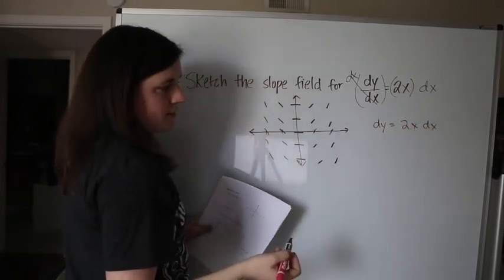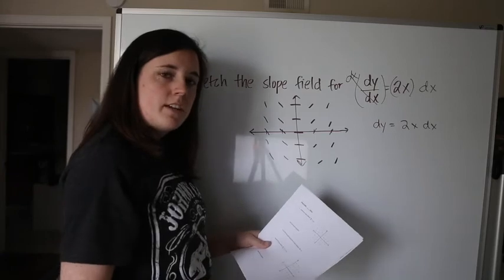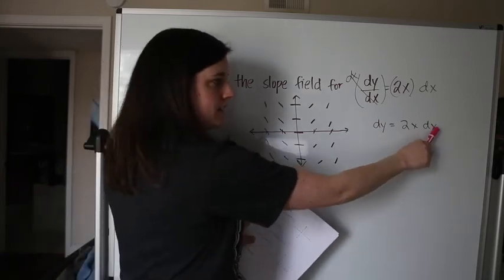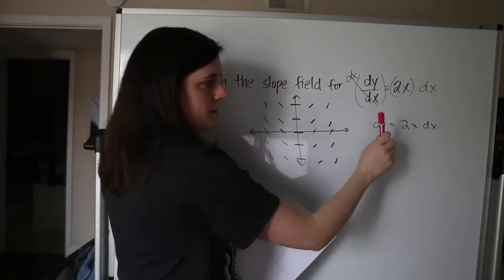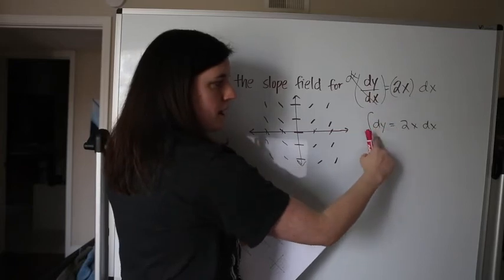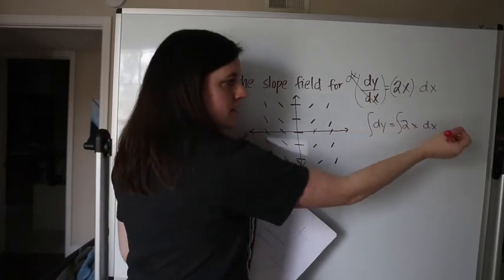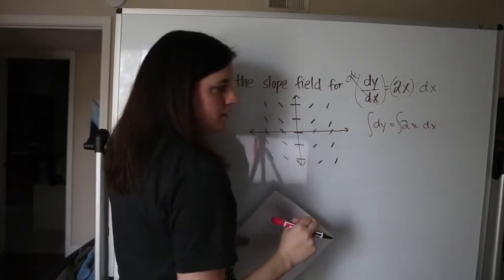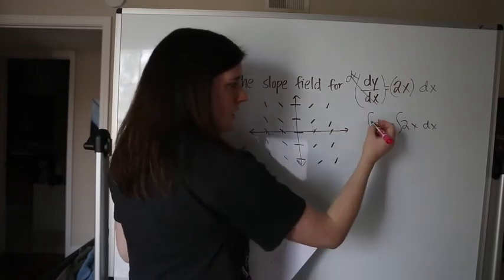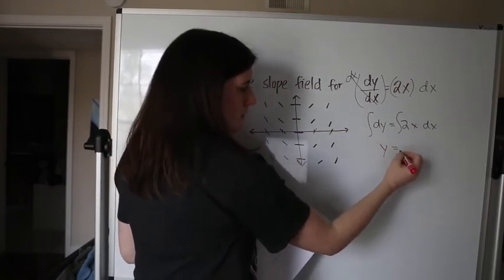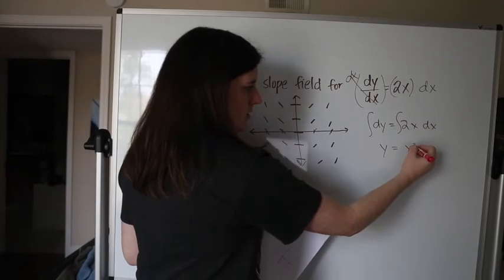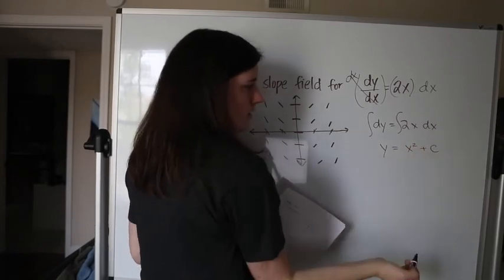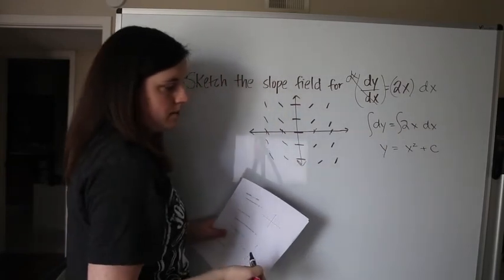And the reason why I've done this is because I want to integrate this to find a solution, and I can't integrate unless I have a dx, and it doesn't belong over here. I'm integrating to find y, and I'm integrating to take this and put it back in terms of x from the original function. So this is going to be y equals x squared plus c, because I'm integrating 2x.